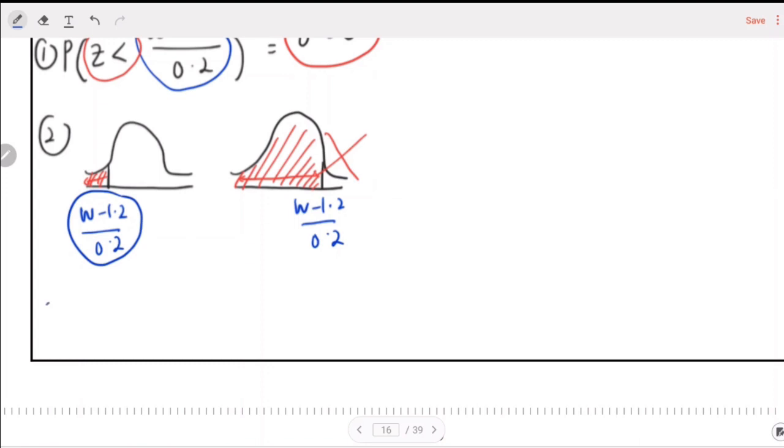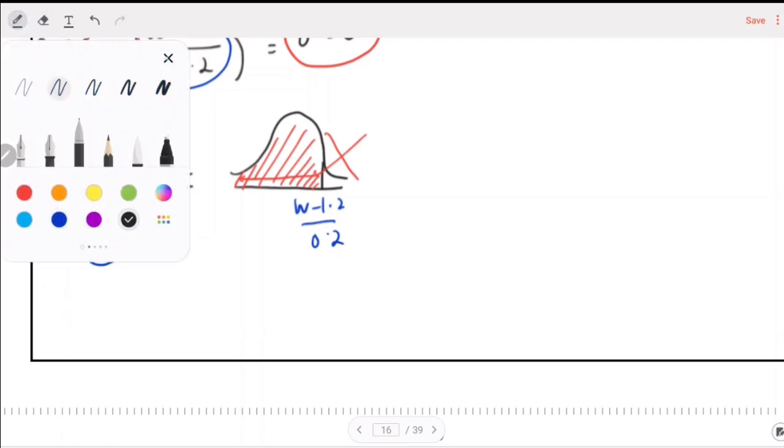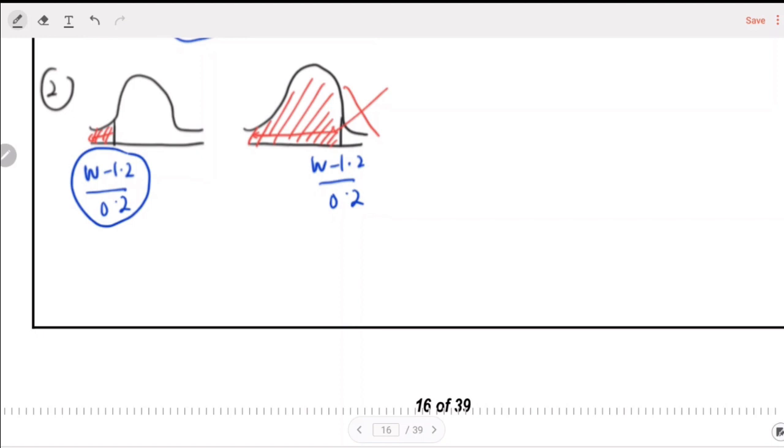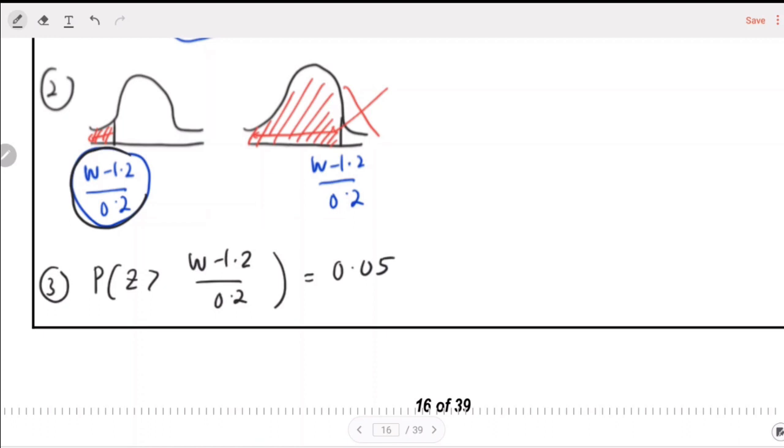Next, proceed to the third step, which is to identify whether we need to put 1 minus or not. Since we didn't shade the middle part of our bell shape, we don't need to put 1 minus, so we just put Z greater than this value here, equal to 0.05.